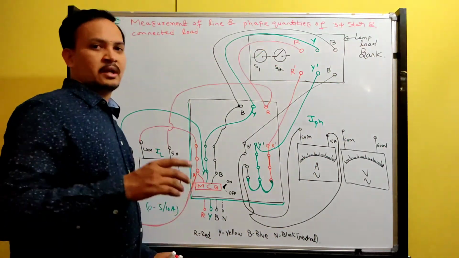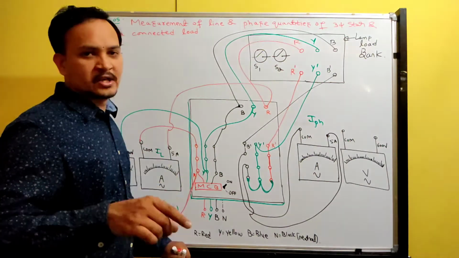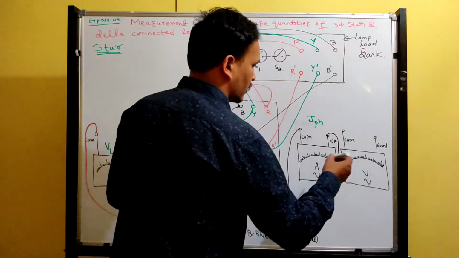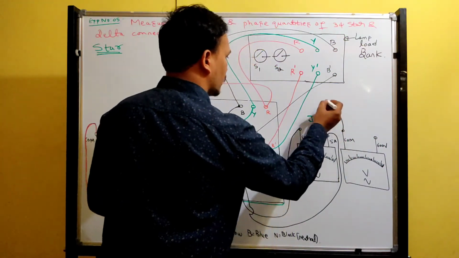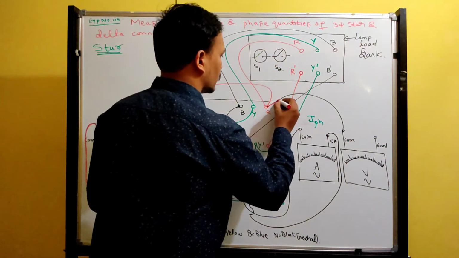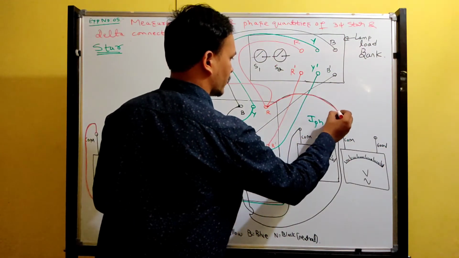Then we have to measure phase voltage. Phase voltage means you should think of only one phase, either R phase, Y phase or B phase. Now you connect the common of the voltmeter to the R phase. So I am connecting voltmeter to the R phase.